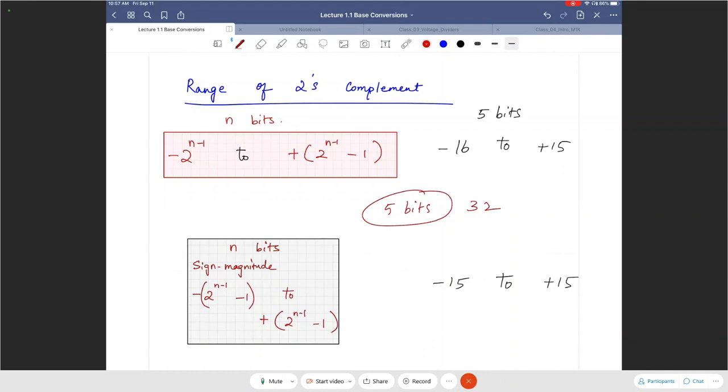But because of 2's complement representation, I gain the negative 0 with an addition of one more negative number, minus 16 in this case. So that's how you are getting half of them positive, half of them negative, roughly. But those are generic range calculations for 2's complement, and in the bottom you have sign magnitude.